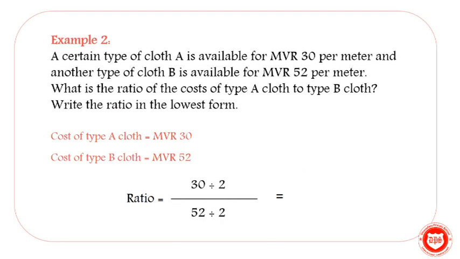Let's try another example. Example 2. A certain type of cloth A is available for Maldivian rupiah 30 per meter, and another type of cloth B is available for Maldivian rupiah 52 per meter.